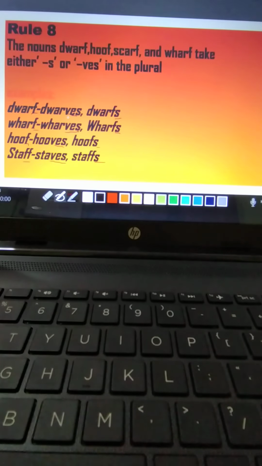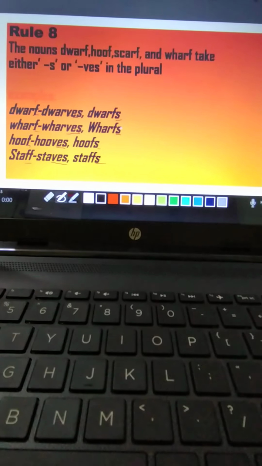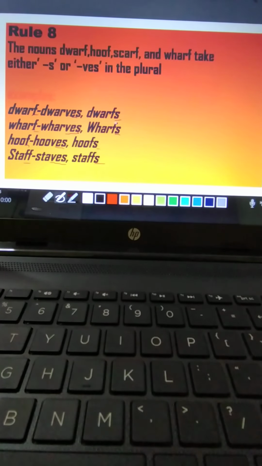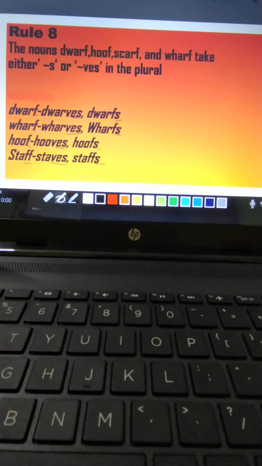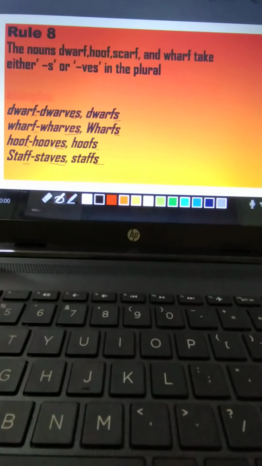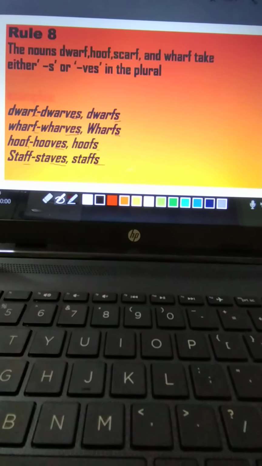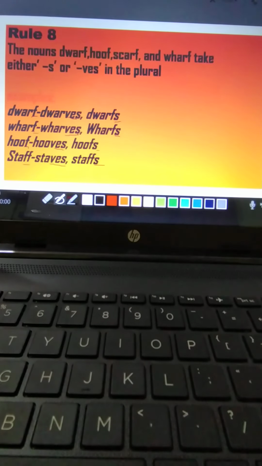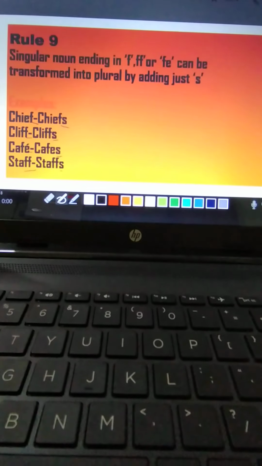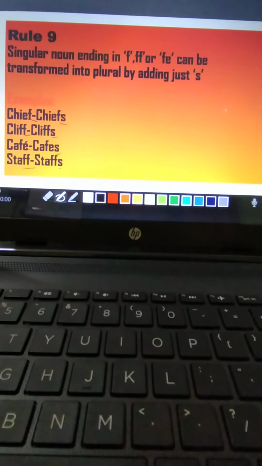Similarly: wharf, wharves, wharfs; hoof, hooves, hoofs; staff, staffs. So these are all the different words where you can transform singular noun into plural noun just by adding ves or s to the words.